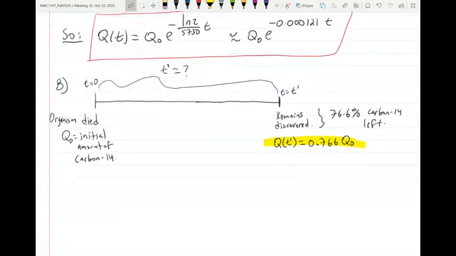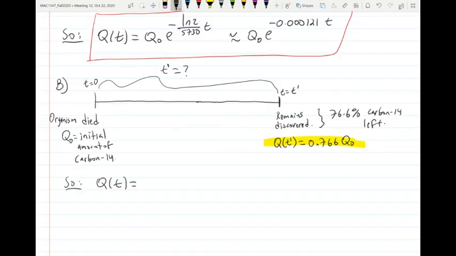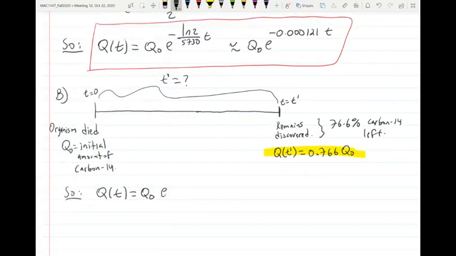Anyway, so Q of T prime equals 0.766 times Q0, and we want to figure out T prime. So let's do that. Remember that we have the model for carbon-14. I'm going to actually work with the exact number, the one that we came up with above: Q of T equals Q0 e to the negative ln 2 over 5730 T. This is the exact model.